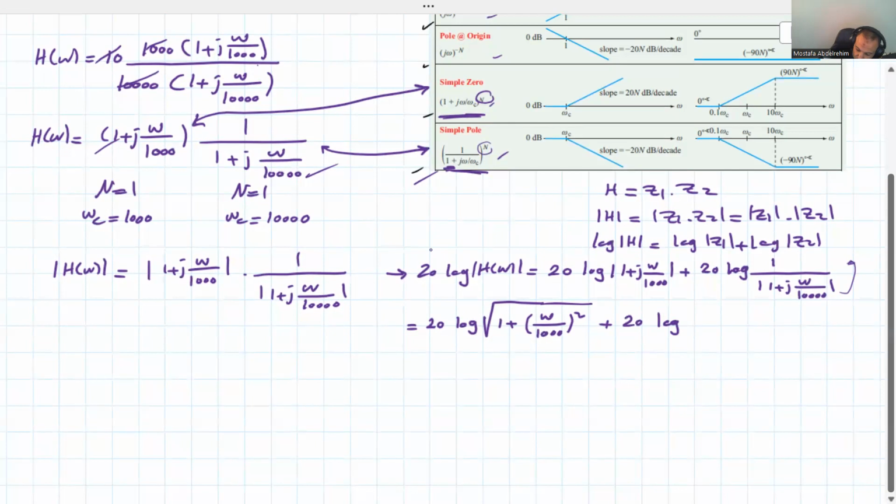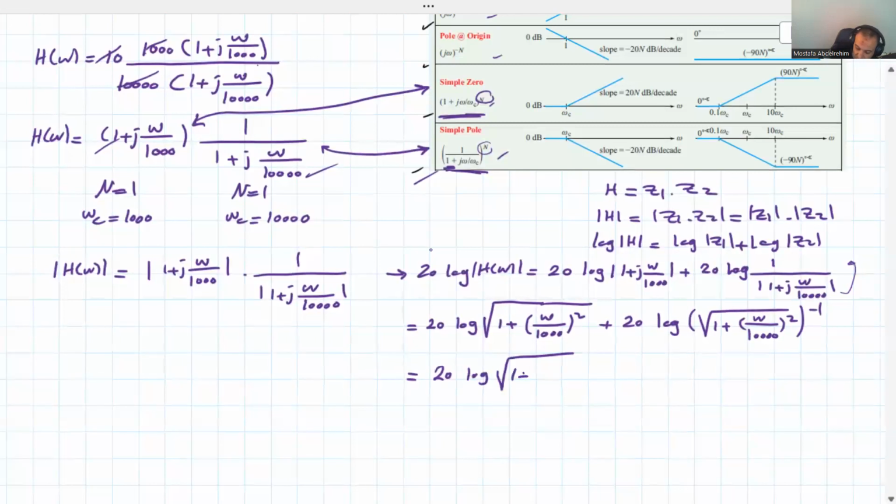Okay, so with minus 1, and what is the magnitude of that? Again, square root of 1 plus omega divided by 10,000, and all of that is squared. So the final simplification: 20 log square root of 1 plus omega over 10,000.